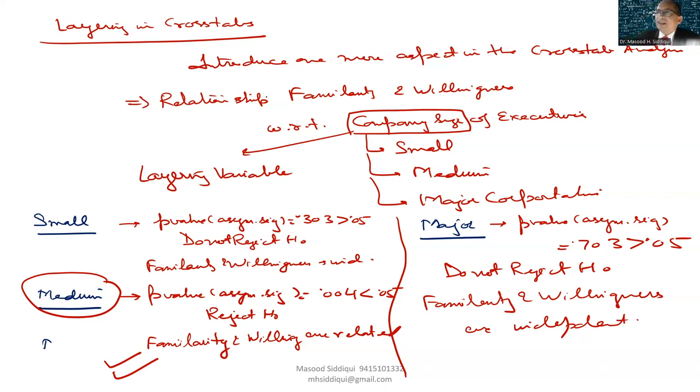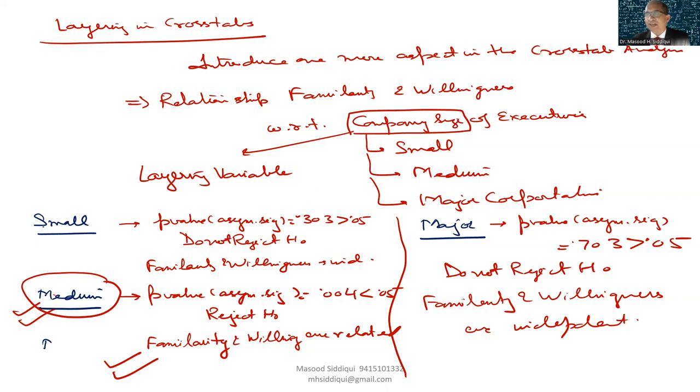So we can say that by the layering, we got the additional information that the link between familiarity and willingness happens only in one segment of the business executives, that is the medium. So if AMC wants to make use of familiarity to increase the willingness, they should try only for the medium.